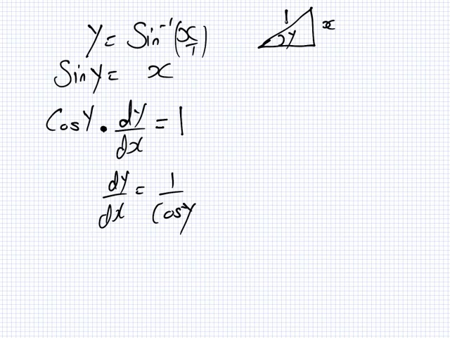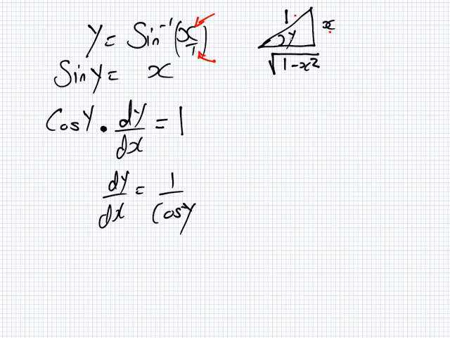Opposite over hypotenuse. So this is the opposite, this is the hypotenuse, and this is square root of 1 minus x squared.